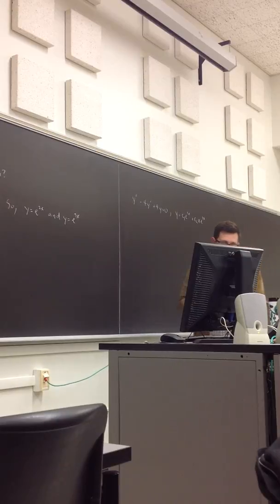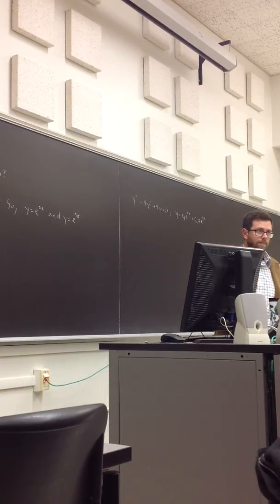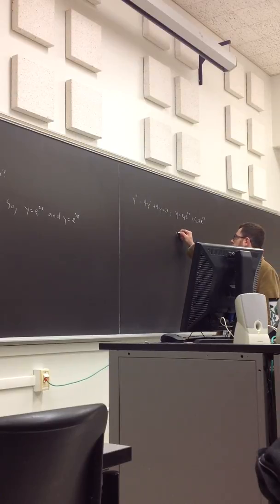Okay, so we need to check that this actually is a solution, right? So again, to check that it's a solution, we need to substitute for y and each of its derivatives, the first and second. What's the first derivative? 2c1 e to the 2x plus c2 e to the 2x.